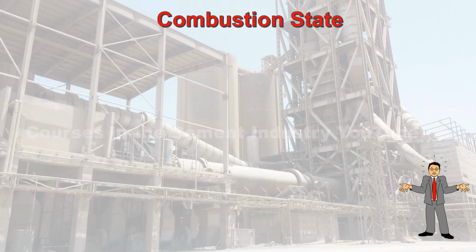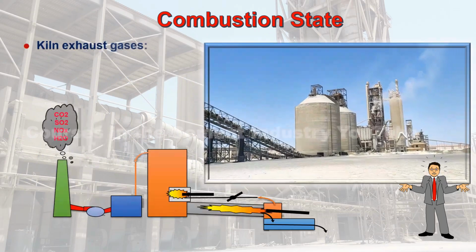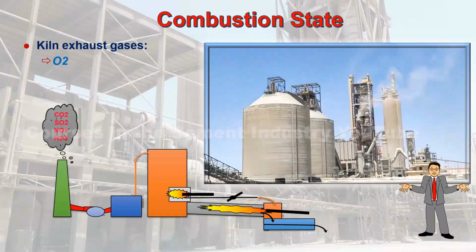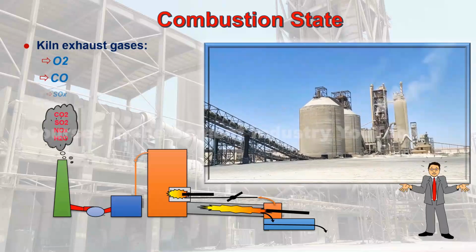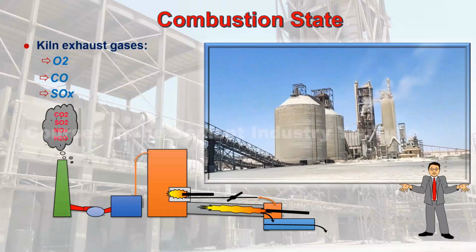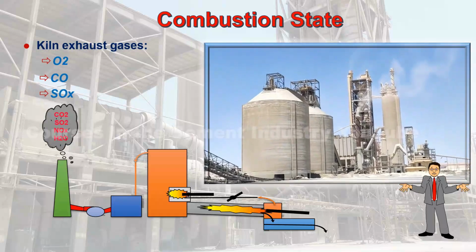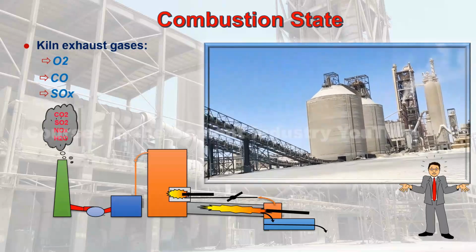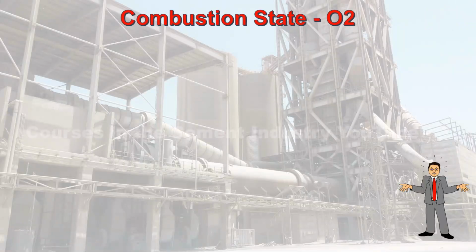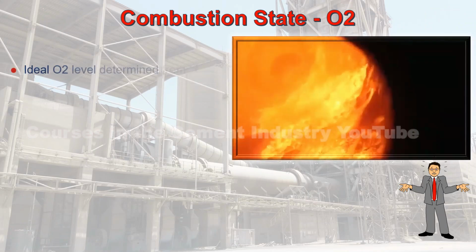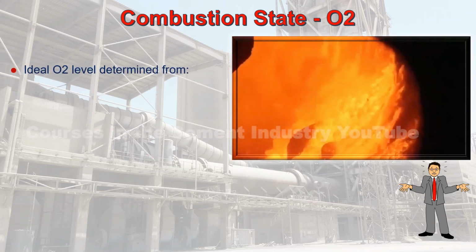Combustion. Kiln exhaust gases: 1. O2. 2. CO. 3. SOx. Combustion state, O2. Ideal O2 level determined from 1.